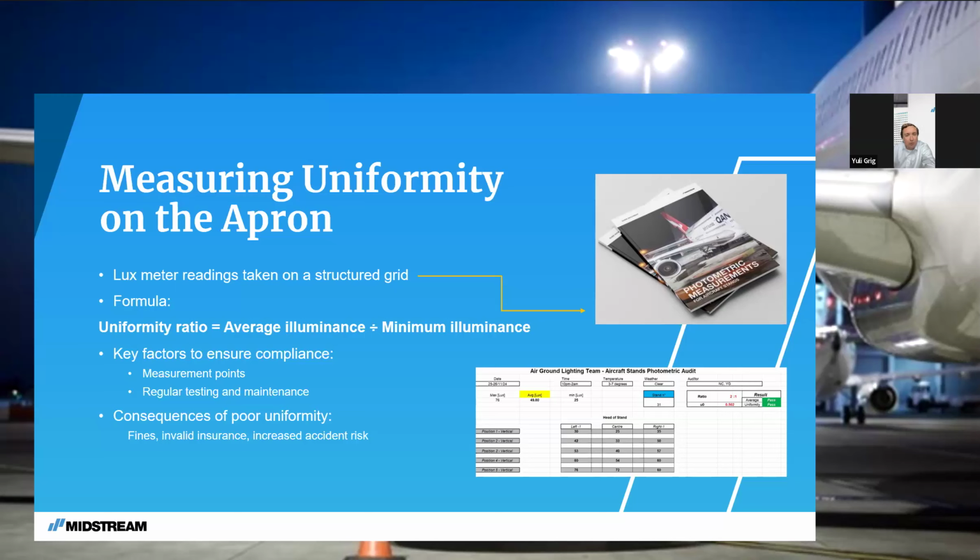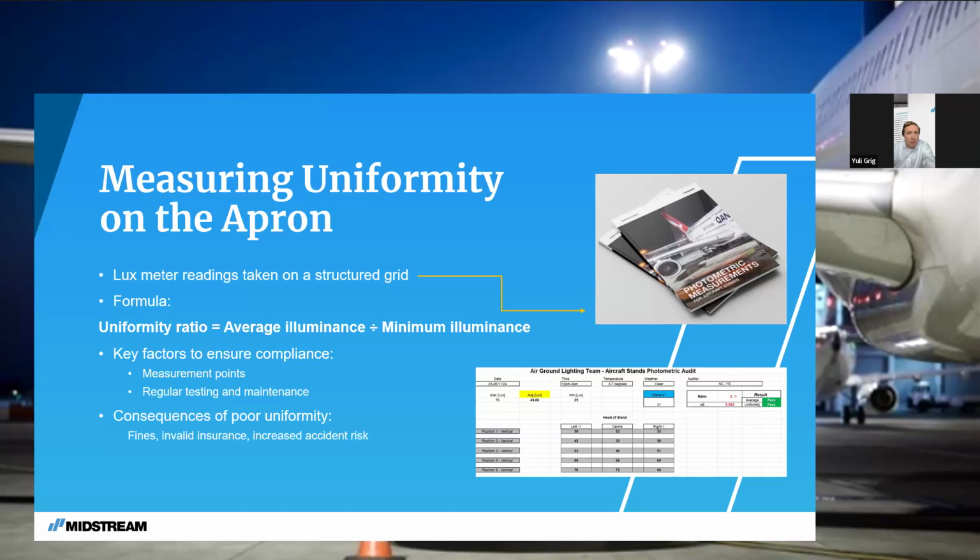When we have poor uniformity, there are significant consequences. It can be as diverse as fines put in place by the local civil aviation authority.